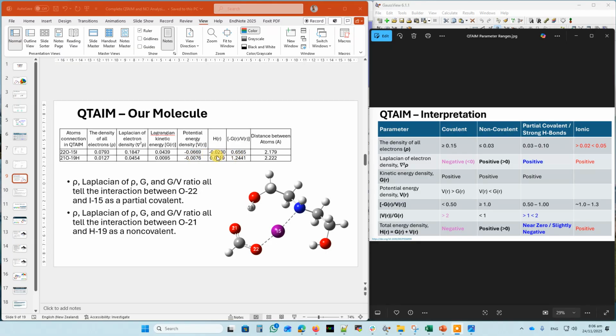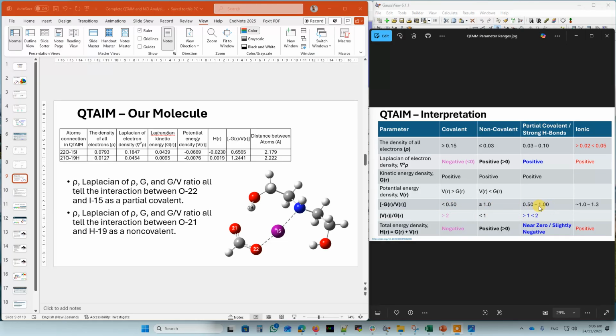If you look at HR, it is slightly negative, 0.02. It's not too negative, so it comes out to be in this region. And then if you look at the ratio, 0.6. If it is less than 0.5, it's covalent, greater than 1, it's non-covalent.